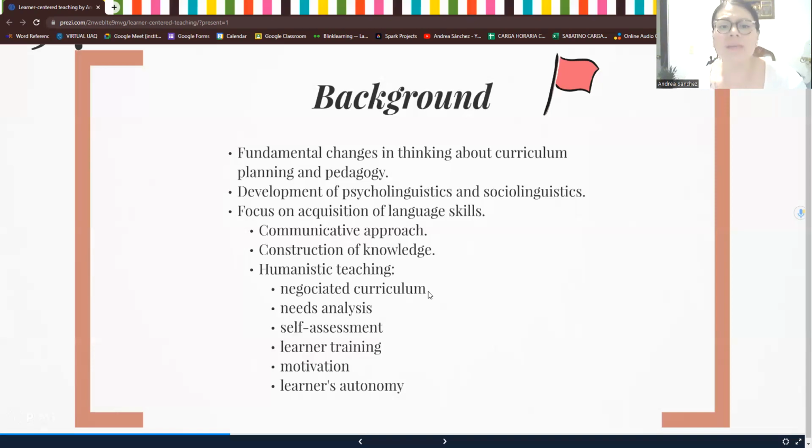When I say negotiated, it means that, for example, our curriculum in Lenguas Modernas en Inglés is kind of negotiated with the students, because even when in our curriculum we have a subject and the contents that we should teach, we can exchange a couple of contents according to my students' needs.